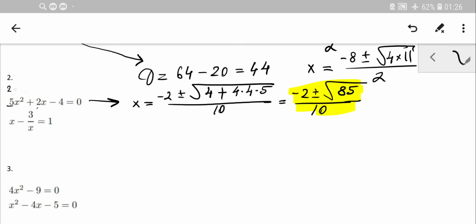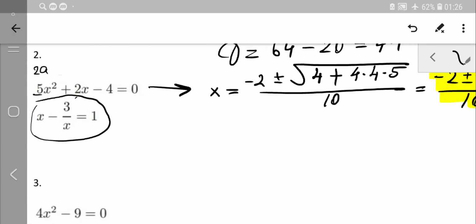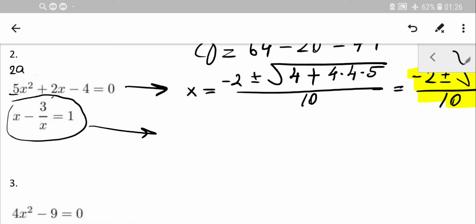Second A. Okay, so this one, let's consider x minus 3 over x equals 1. Because I know that I'm dividing 3 by x, first let's set up that x cannot be 0, because having x equal to 0 you would be violating the rules of division.